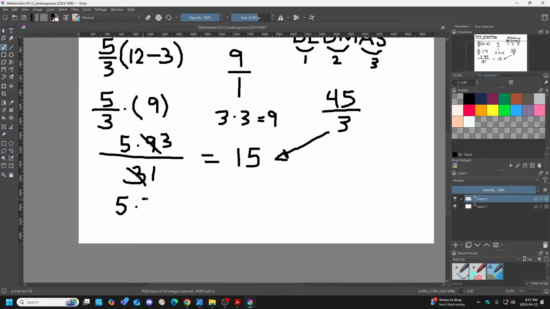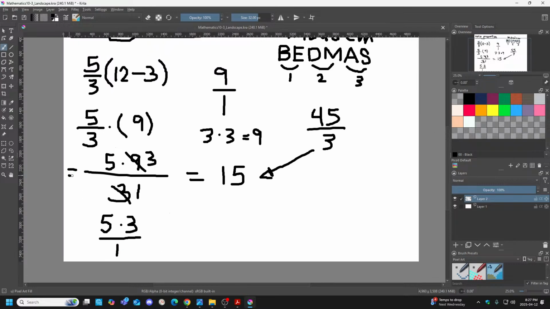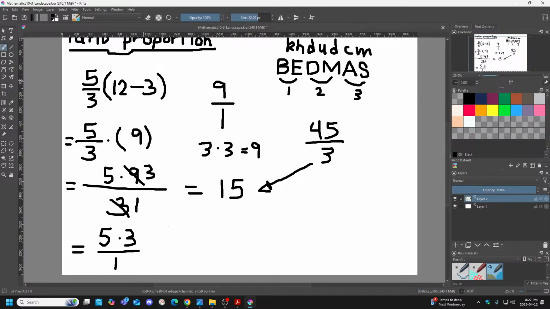You could go 5 times 3 all over 1. That's kind of what you're left with. I could go equal sign here just so that it looks like I'm continuing my work. Again, this is still all going to be over 1. This is still all numerator. Okay, guys? That makes sense? I hope so. It's no different.